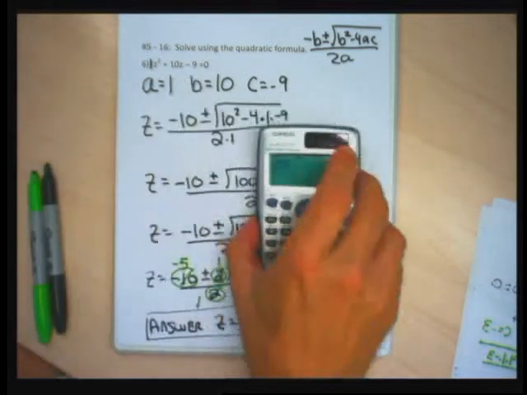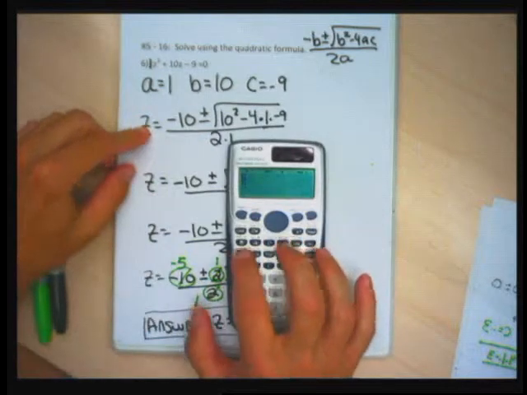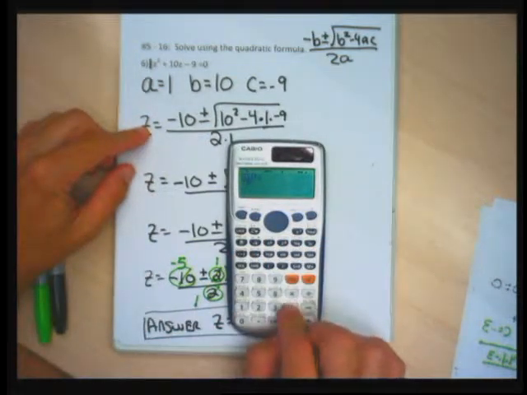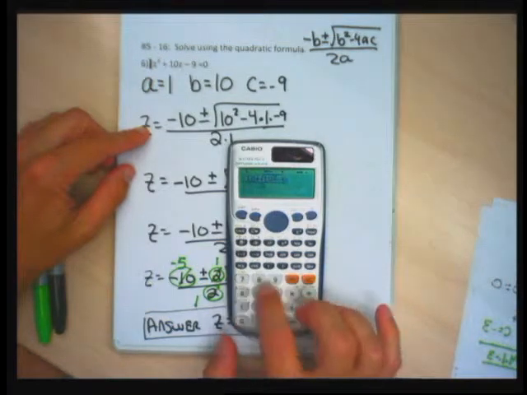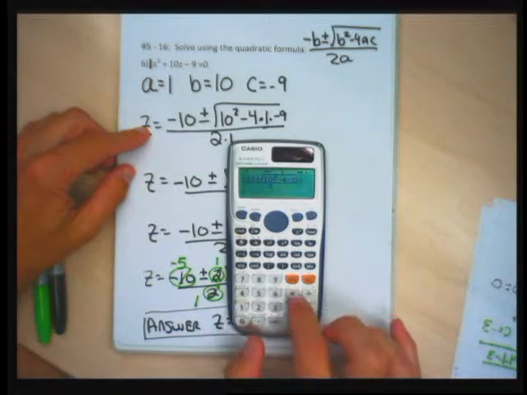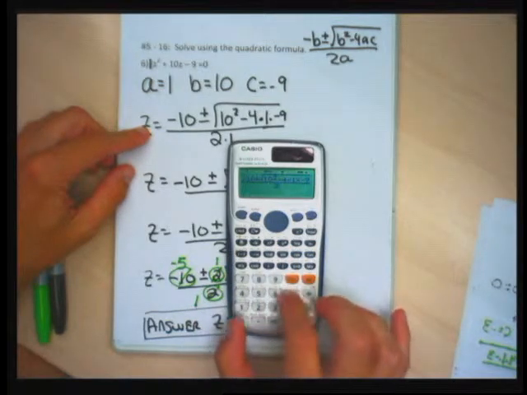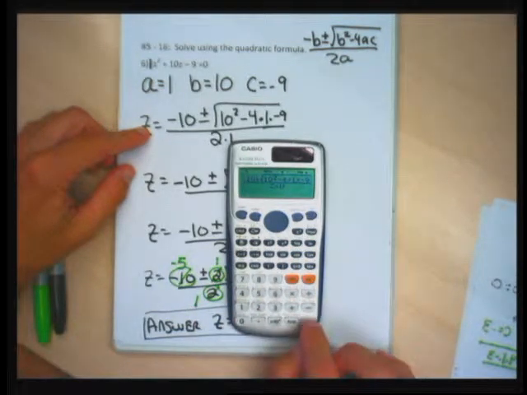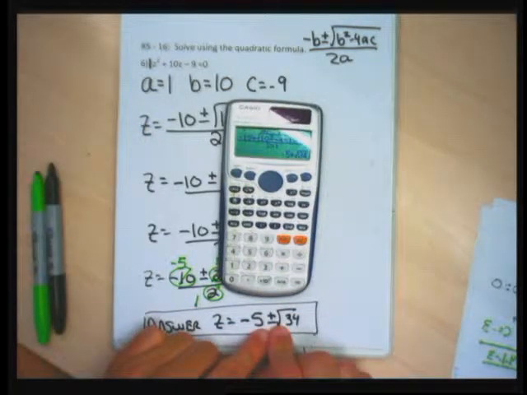So this on my calculator, fraction, -10, then I do the plus square root of 10 squared minus 4 times 1 times -9 over 2 times 1. And I get -5 plus the square root of 34.